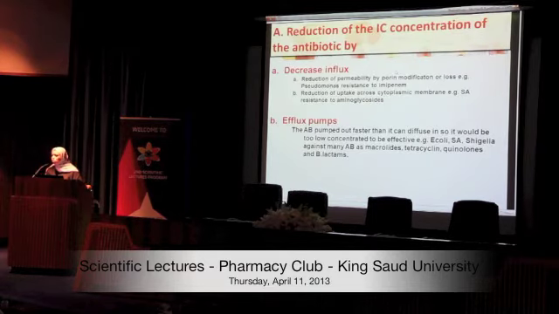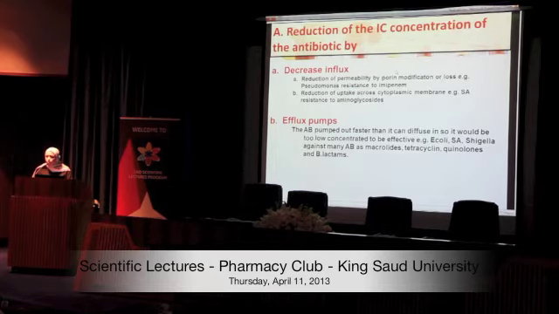Reduction of intracellular concentration of the antibiotic. Just imagine that the bacteria are imagining that thieves are coming to take its gold from its home. So they are trying to resist these antibiotics in any way. They are trying to decrease their concentration in their home. So what are they doing? Decrease the influx.